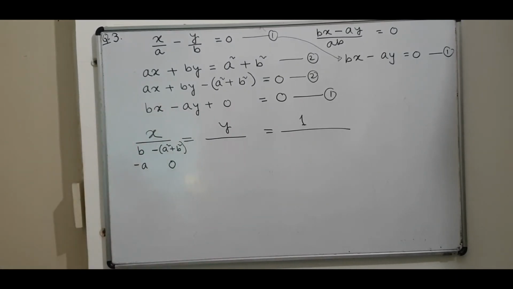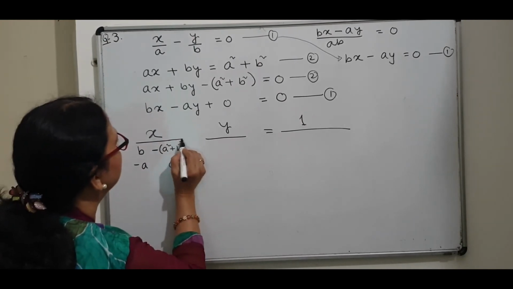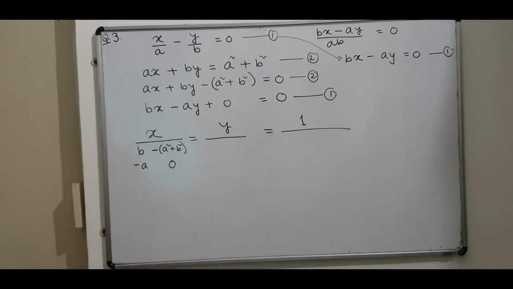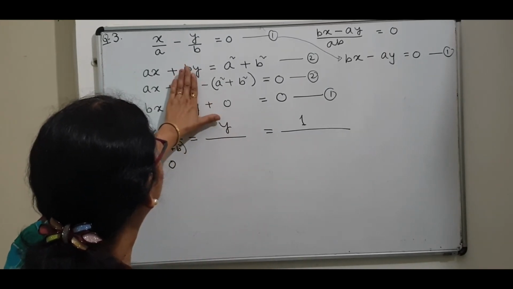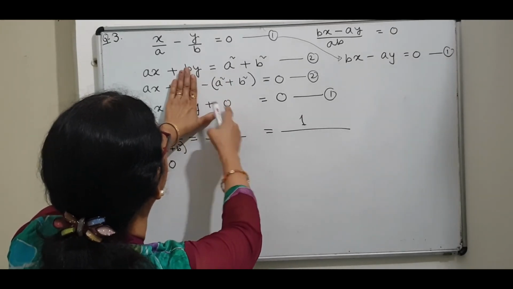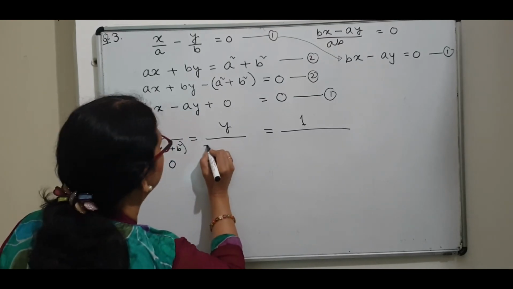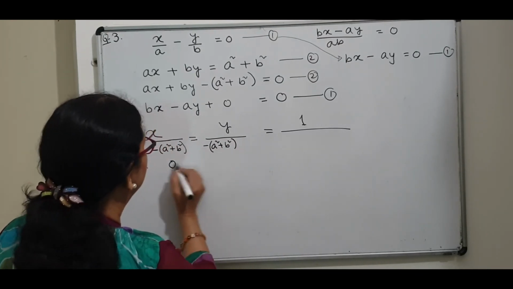Let me write this properly. So this is the thing. Now for writing the term below y, what will I be doing? I'll be covering y. So then minus of this, and this. So minus of this, these things will come here: minus of a squared plus b squared, and 0.